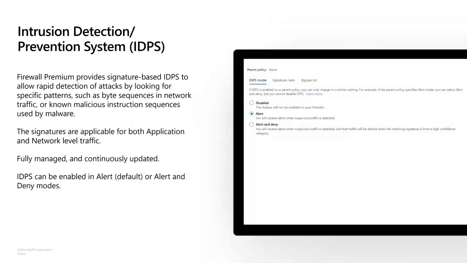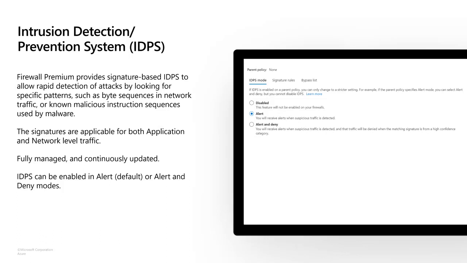The next feature we have is the intrusion detection and prevention system. Any traffic that passes through the firewall will be inspected by this IDPS feature based upon signatures that we have. This is a signature-based feature where it will look for anomalies, sequences, and malicious activity patterns that could cause any threat to the resources in our environment.